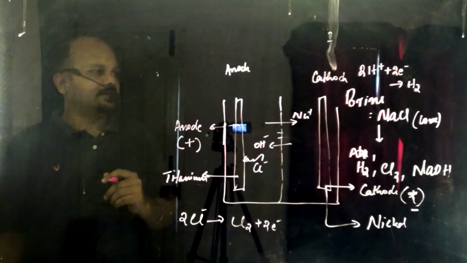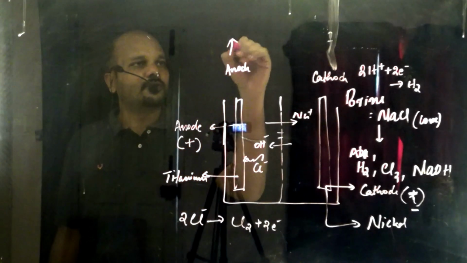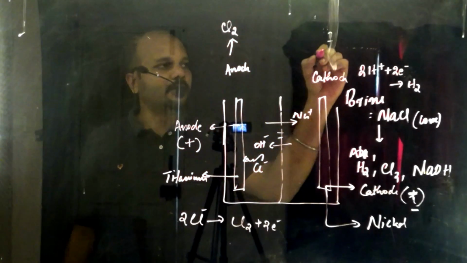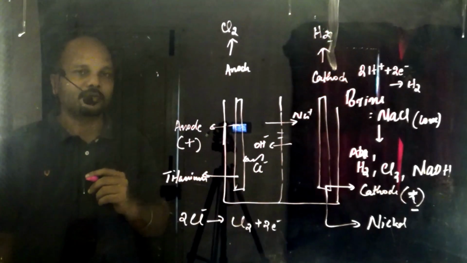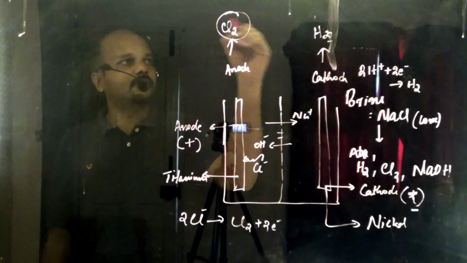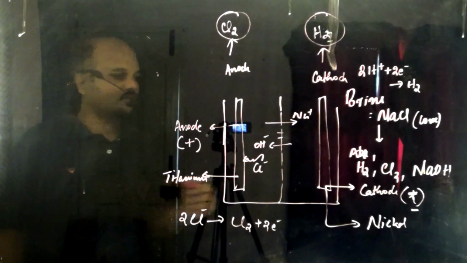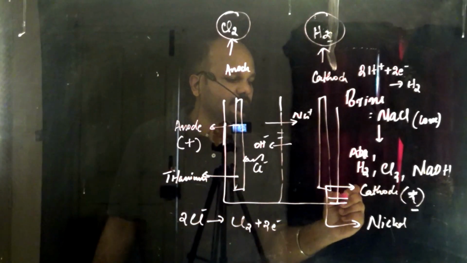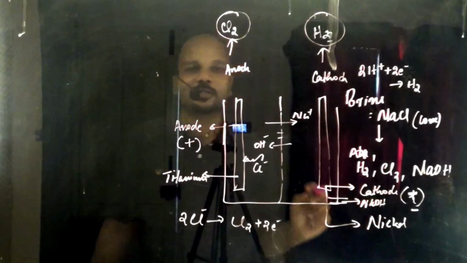This is the reaction happening. From the anode, chlorine gas goes out, and from the cathode, hydrogen gas goes out. And through the porous membrane, concentrated sodium hydroxide solution goes out.